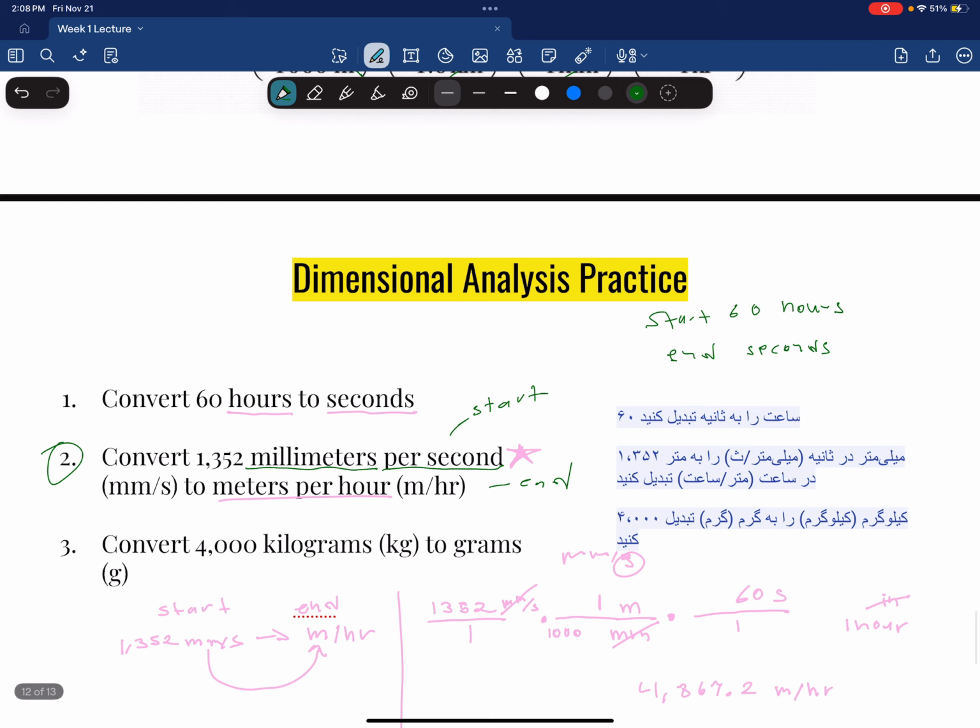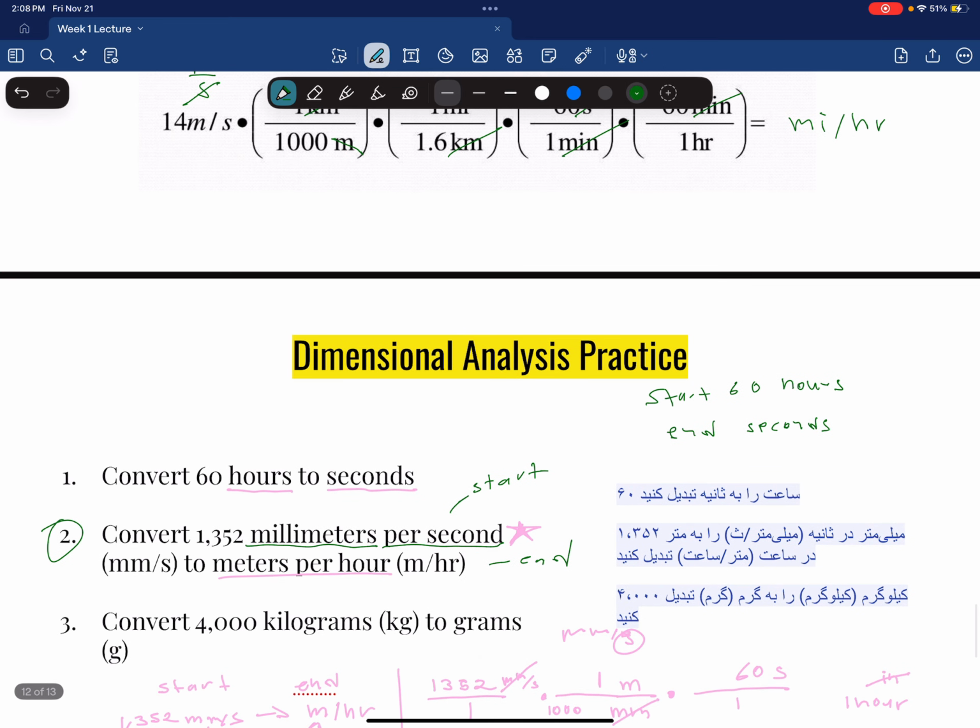I have this over here, but I'm going to show you how we're going to do this. So we have 1,352 millimeters per second.